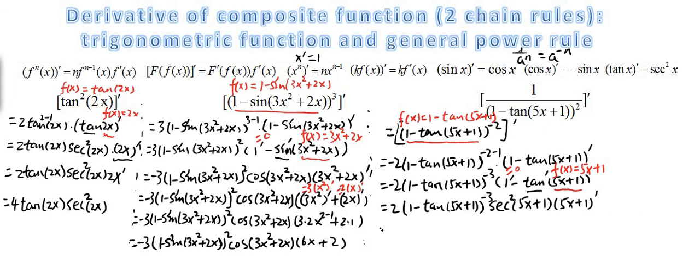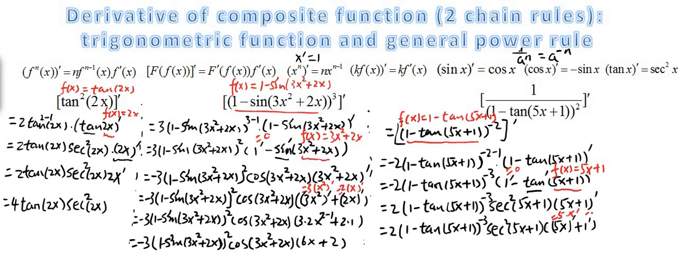So we can simplify again. We have derivative of 5x, derivative of 1. And for the first term, we're gonna apply the constant multiple rule. So it should be 5 times x prime.